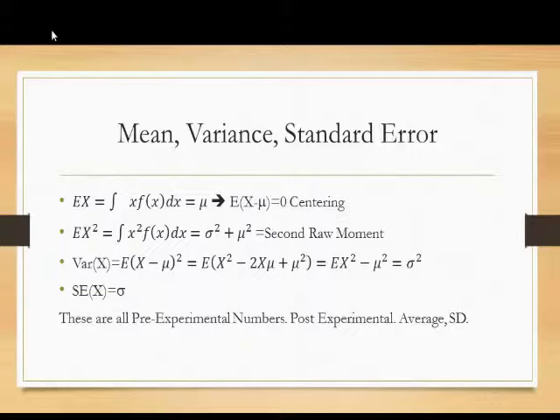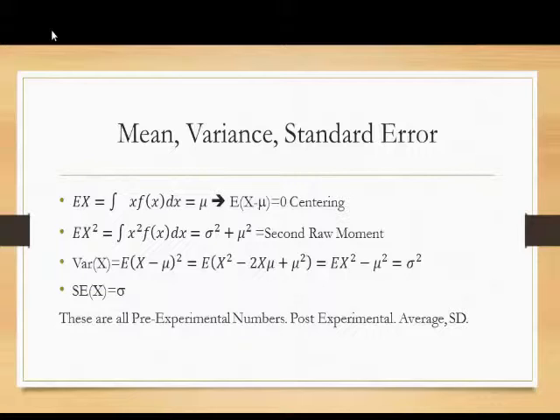So it's the expected value of x squared minus 2 times the expected value of x times mu. Now mu is a constant, so it can be taken out. E of x is also mu, so it becomes mu squared. So this is minus 2 mu squared plus mu squared, and that becomes E of x squared minus mu squared.